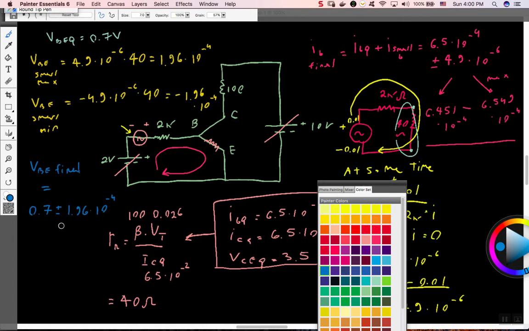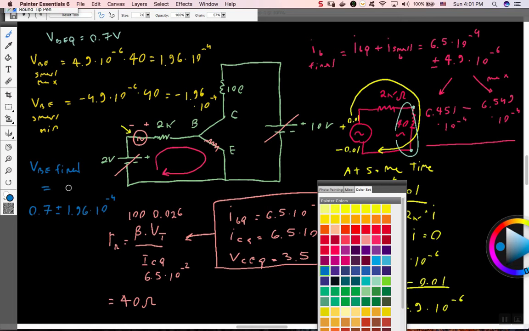Now, we took the two most extreme cases. Sometimes the small signal is in fact 0, right? It oscillates, going between 0.01 and negative 0.01, and it passes 0 in the middle.